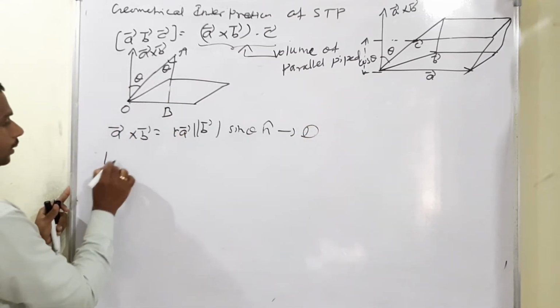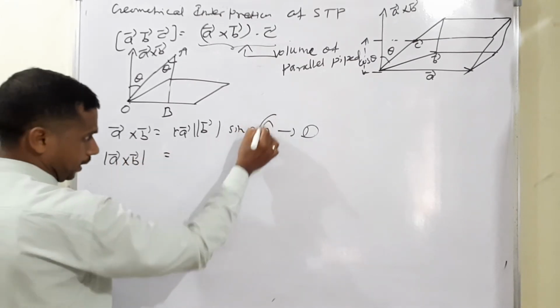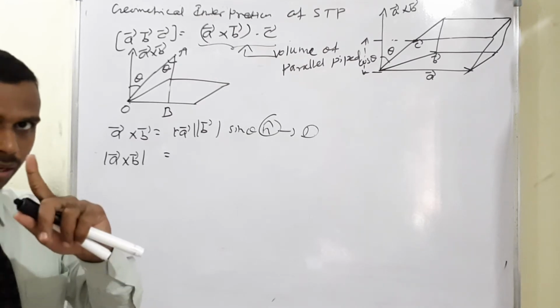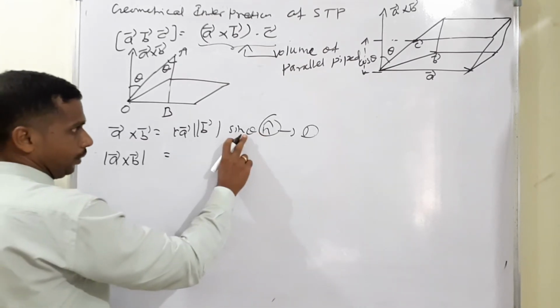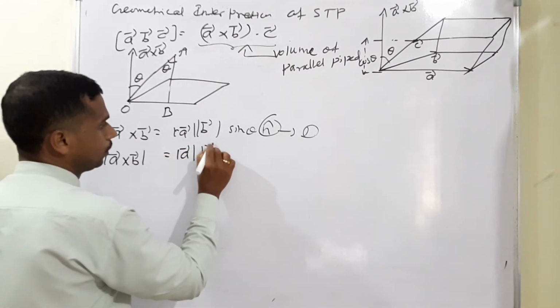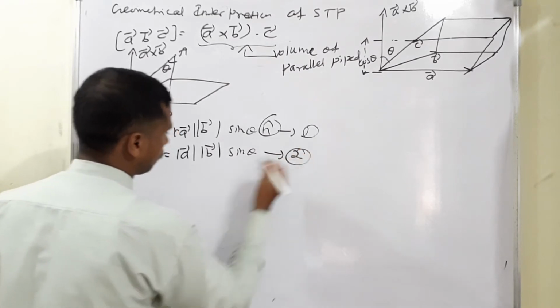Then if you take the modulus of A vector cross B vector, n cap is a unit vector, which has value 1, and 1 into anything leaves the same value. Therefore it is modulus of A vector into modulus of B vector into sin theta only. This is equation number 2.